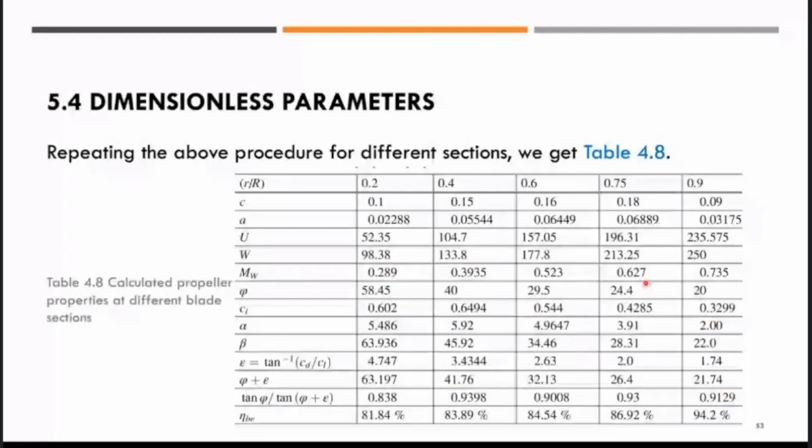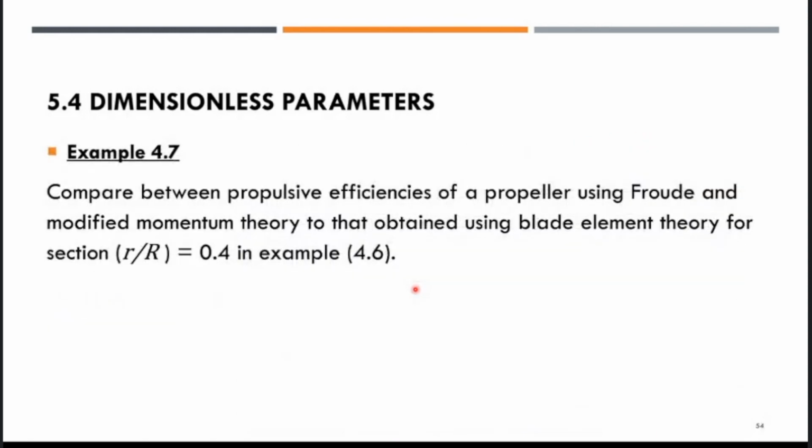Try to get the answer and compare it against the values obtained here in Table 4.8. I think that is the best time for us to stop first, and we can have our short break.